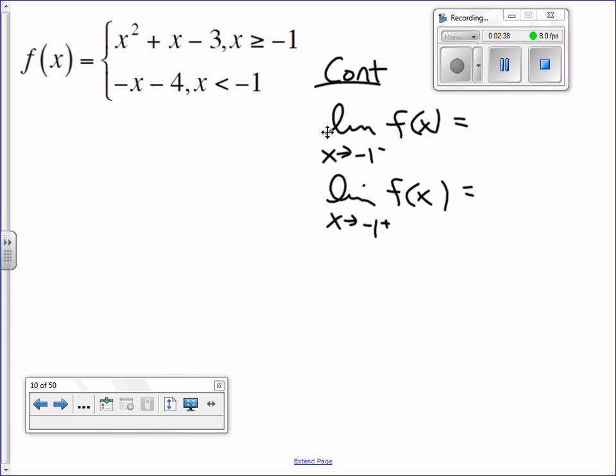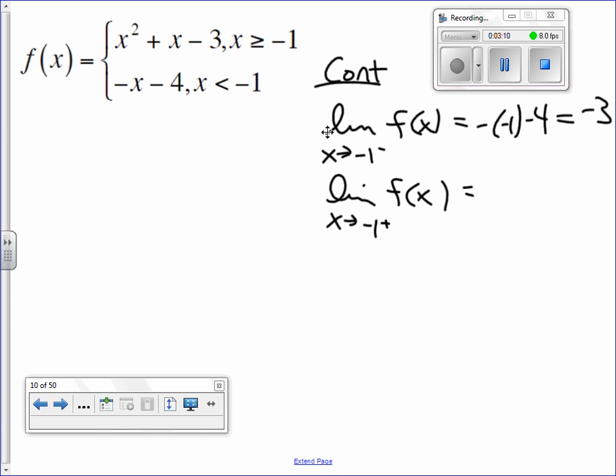Is it differentiable? So how do we find the limit of f of x as x approaches -1 from the left? Right? So, and we're going to plug -1 into the second branch here. And what do we get when we do that? -3. Bless you, I guess. That was a sneeze.